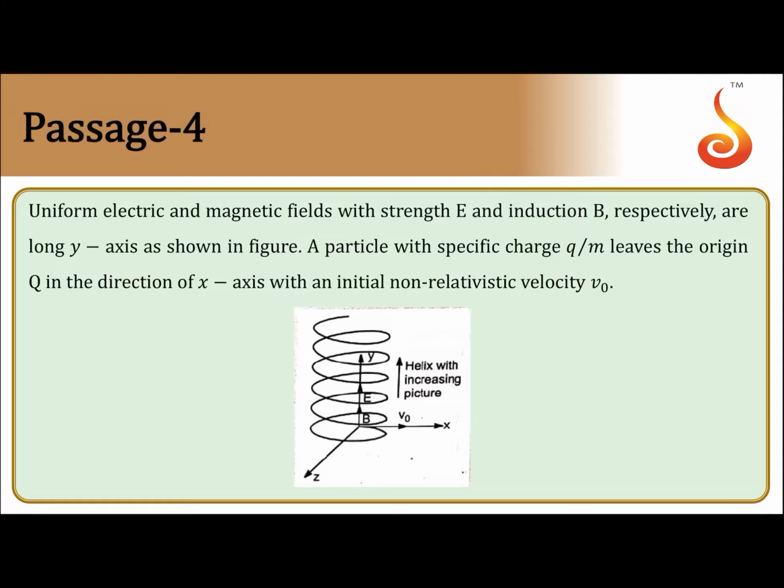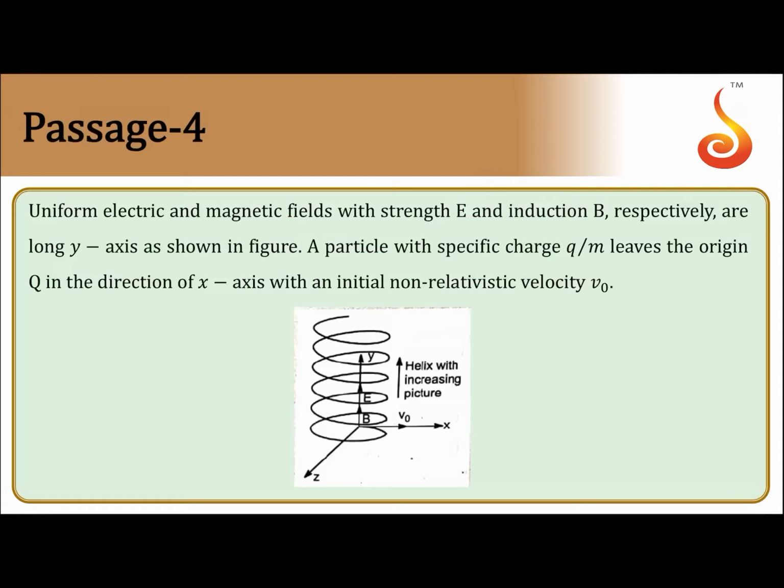Now passage 4. Uniform electric and magnetic fields with strength E and induction B respectively are along the y axis as shown, E and B both, and a particle with specific charge q by m leaves the origin in the direction of the x axis with an initial non-relativistic velocity v naught.